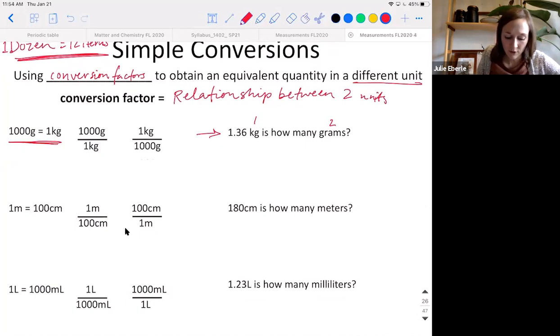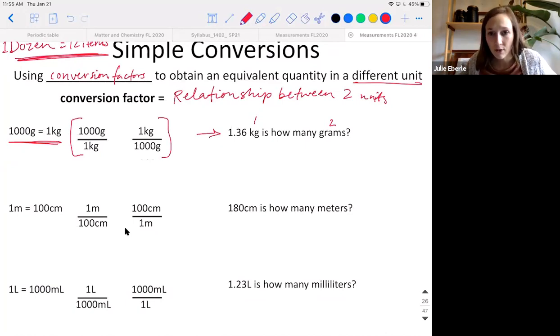I've also written that same information in a factor form, with a numerator and a denominator. So which one do we need to pick when we're doing math? We want to cancel out the first unit and convert to the second unit. To cancel something out, you have to have that unit on top and on bottom.